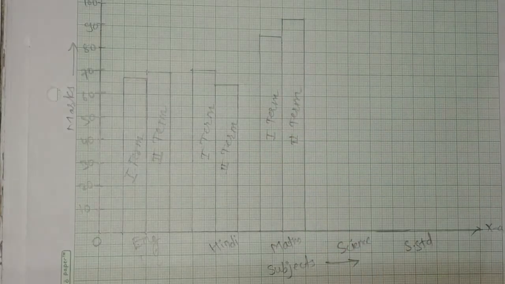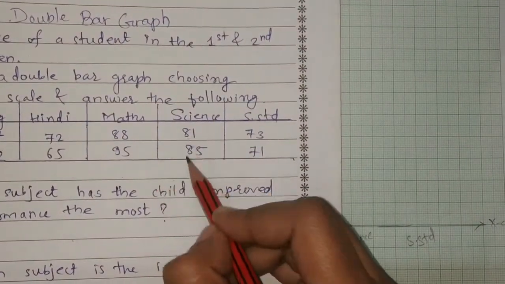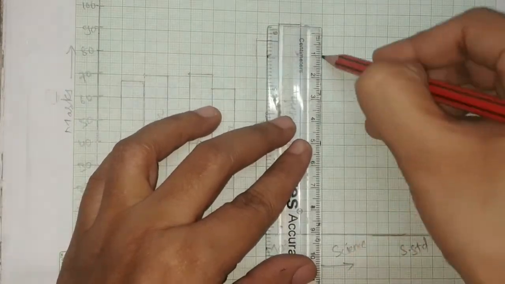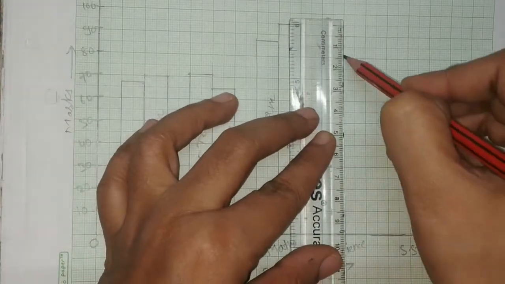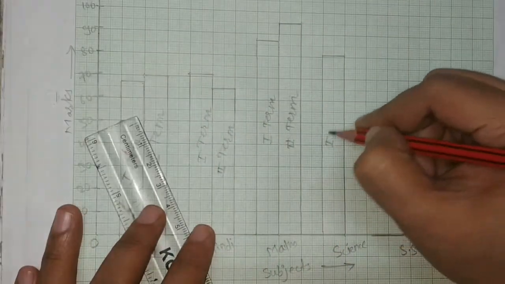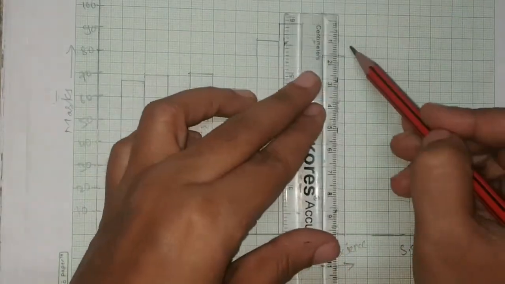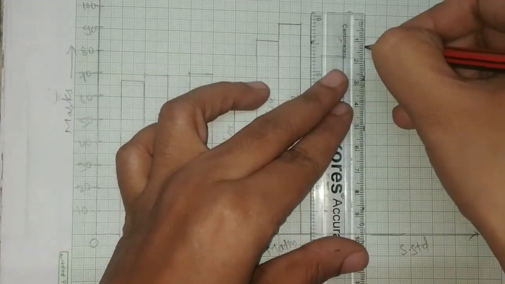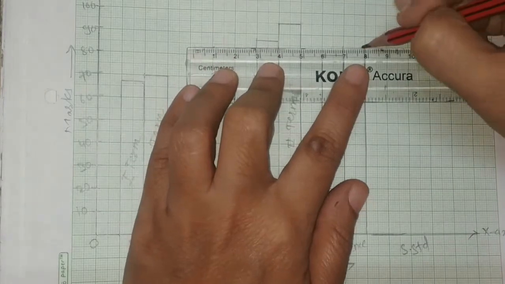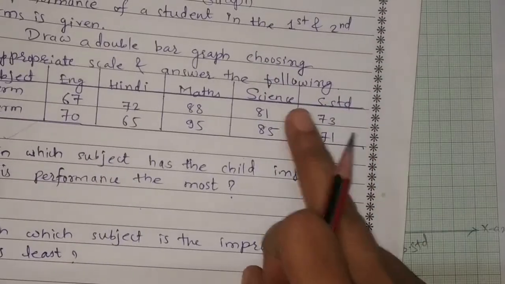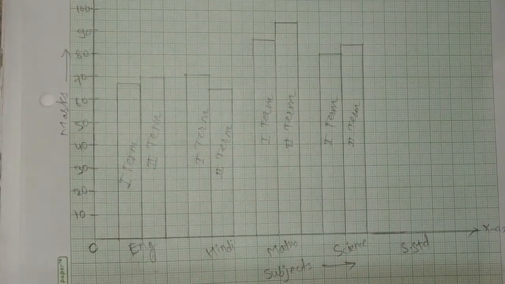In this way we will draw these two also. For Science we have 81 and 85. Then we have 85. At last for Social Study we have the values 73 and 71. So we'll take 73 here.